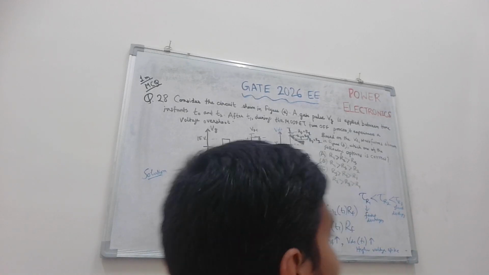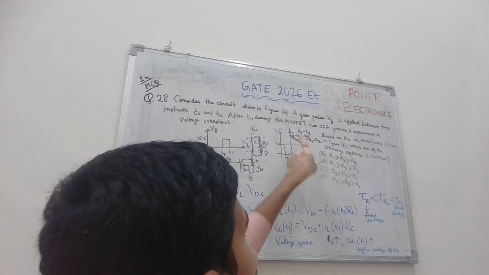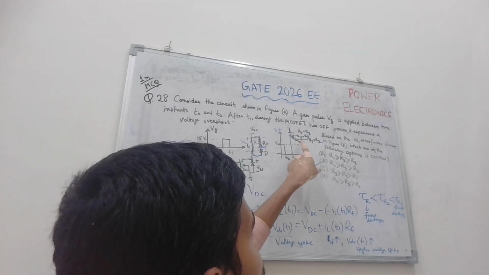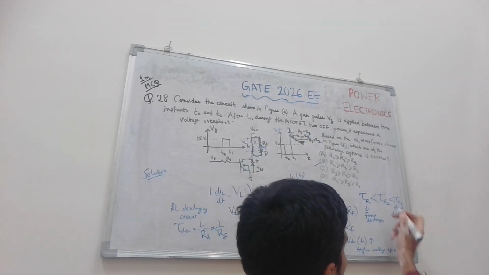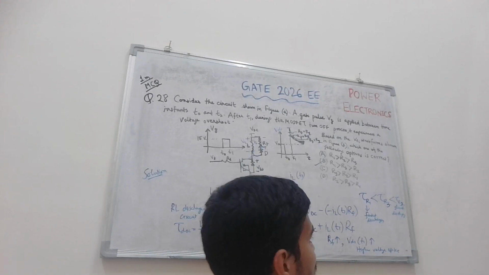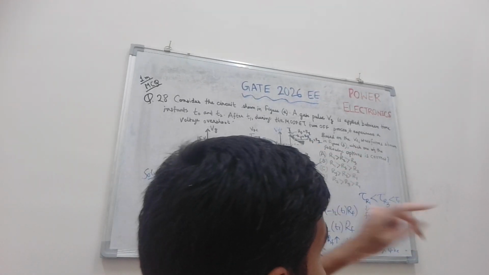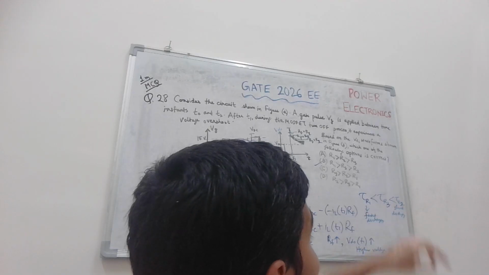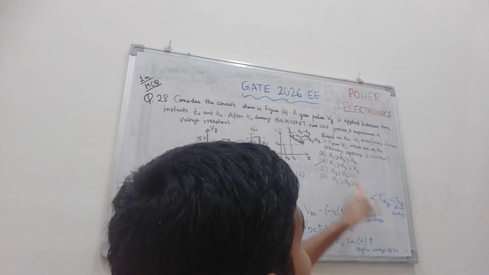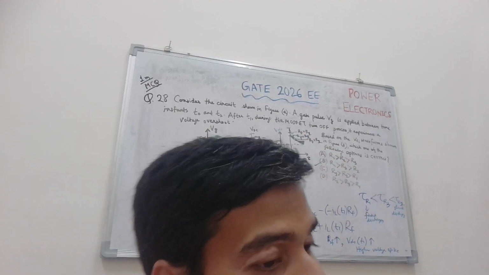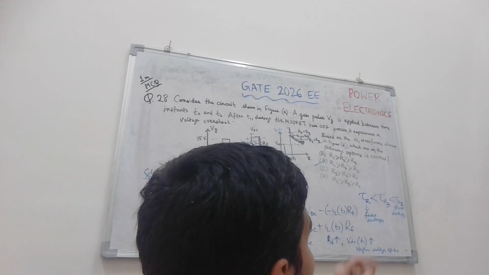This is the order. R1 discharges the fastest with RF equal to R1, and discharges slowest with RF equal to R2. And the spike is highest with RF equal to R1 and lowest with RF equal to R2.